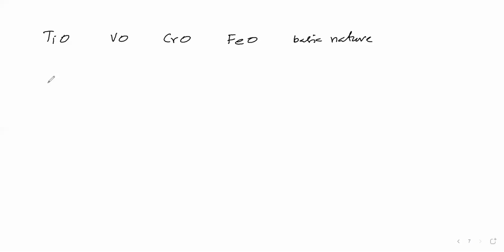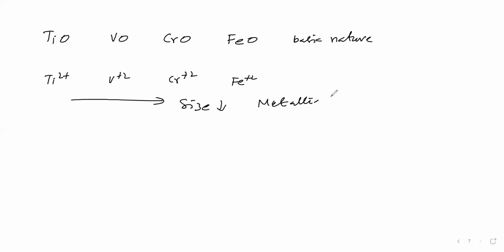Now we take Ti plus 2, vanadium plus 2, Cr plus 2, Fe plus 2. Going along the period, size decreases, therefore metallic nature decreases, and therefore basic nature decreases.